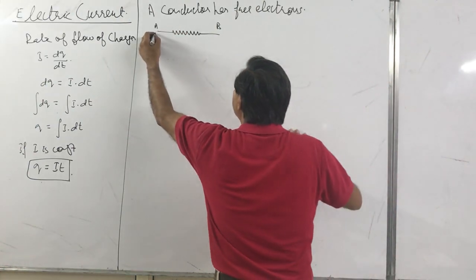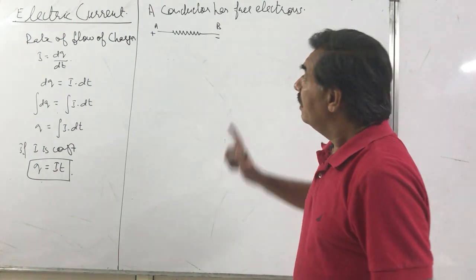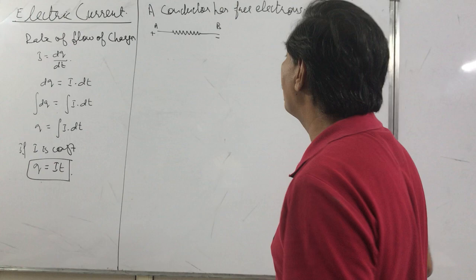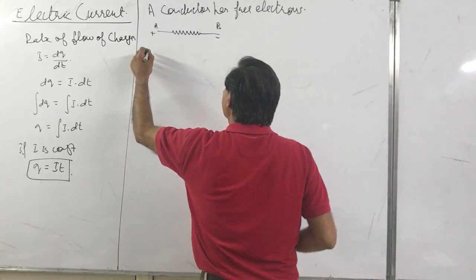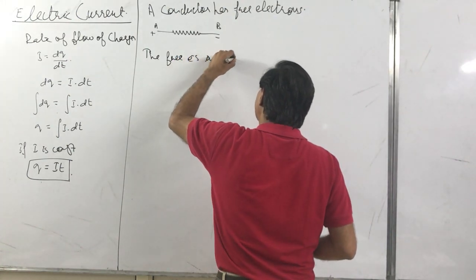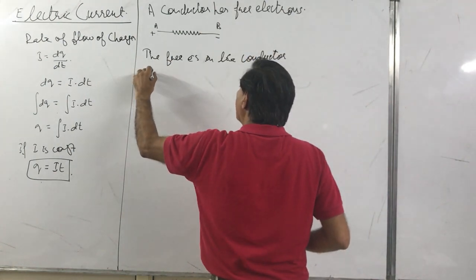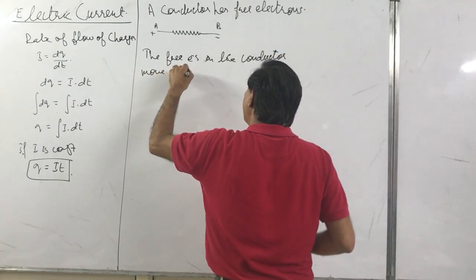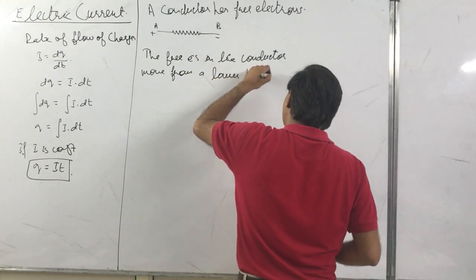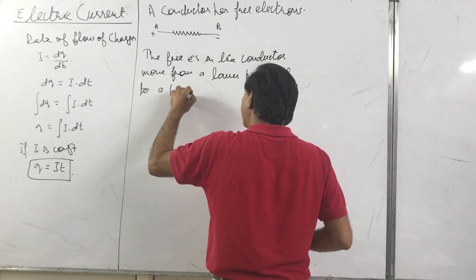So, if this is at a positive potential and this is at a negative potential, the moment this potential difference is established, the free electrons in the conductor will move from a lower potential to a higher potential.